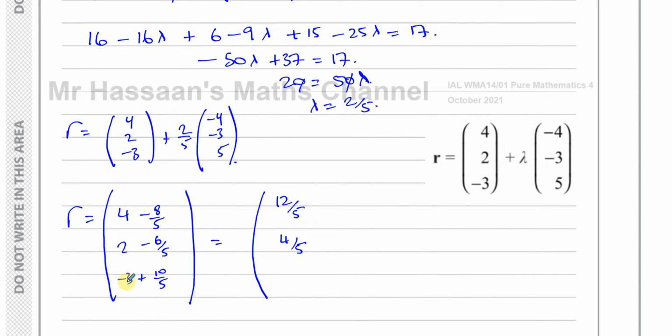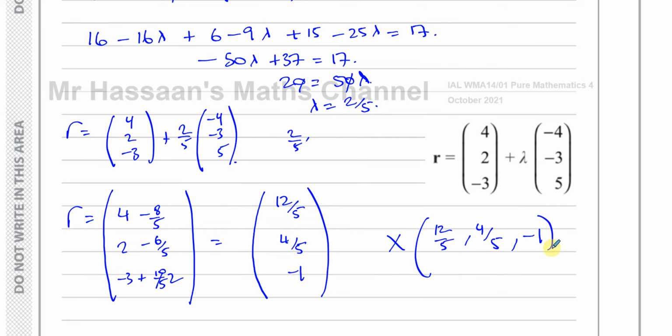And you have minus 15 over 5 plus 10 over 5, which is minus 5 over 5, that's minus 1 straight away. Overthinking there. So that means the coordinates of x are 12 over 5, 4 over 5, and negative 1.